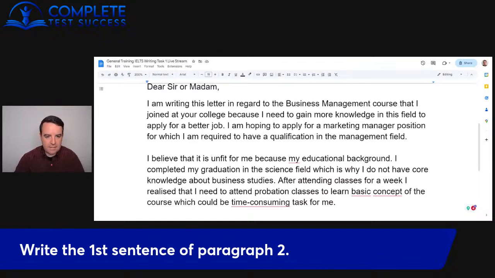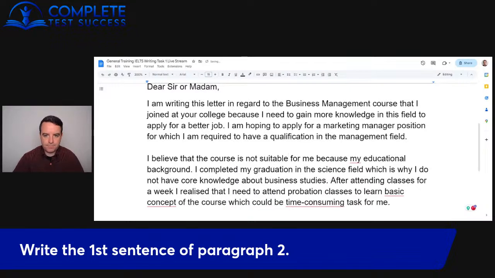So I believe that the course is unfit for me. No, let's say not suitable, because it's not really that the course isn't suitable. It's that your level, your knowledge isn't. So unfit would be more like, if something is not able to do what it should do, but the problem isn't so much with the course. The problem is more with the person writing the letter. So I believe the course is not suitable for me because of my educational background.